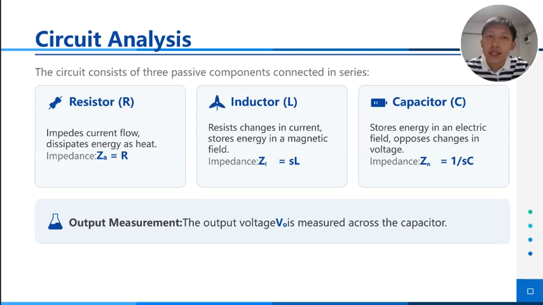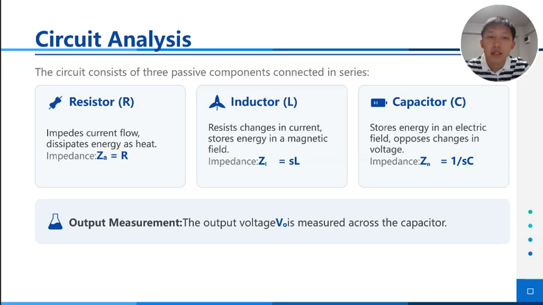First, let's analyze the circuit components. We have a resistor, inductor, and a capacitor in series. Each component has a specific impedance in the s domain, which is critical for our analysis.